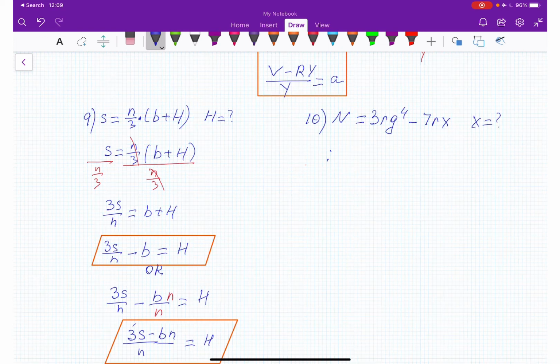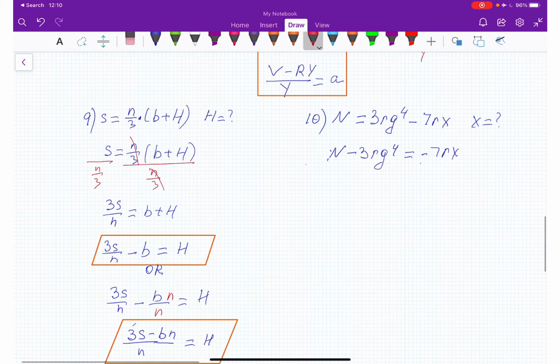Okay, to solve for x, since my x is in here, that means I need to get rid of 3rg to power 4 by moving it to the other side. That's going to give me n minus 3rg to power 4 is equal to negative 7rx, yes? Since x is my variable, negative 7r acts as a coefficient, which means I have to divide by negative 7r.